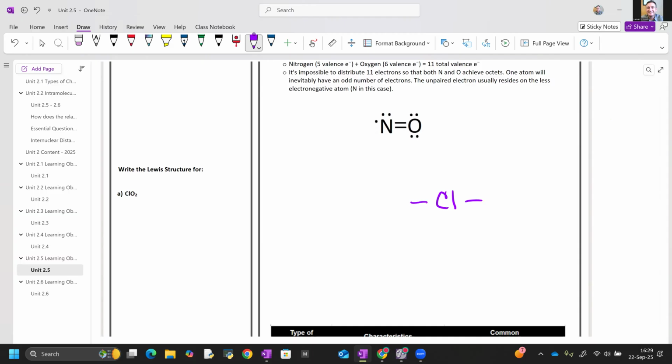And so this is where we show this symmetry on both sides of the chlorine atom. Then we do our count. Chlorine is equal to 1. There's 1 chlorine times 7, which is 7. Then we have oxygen, and there's 2 of those times 6, which is 12, for a total of 19 electrons.